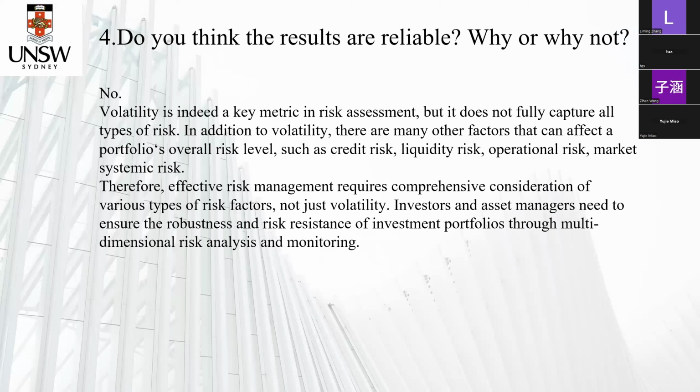Assets such as bonds and credit derivatives included in the investment portfolio may be affected by credit risk. Liquidity risk refers to the risk that certain assets cannot be quickly realized in the market at a reasonable price. When market liquidity decreases, investors may face greater transaction costs or be unable to adjust positions in a timely manner.